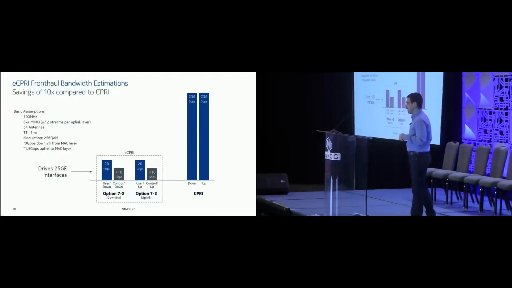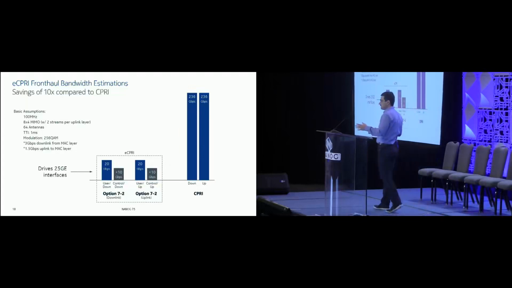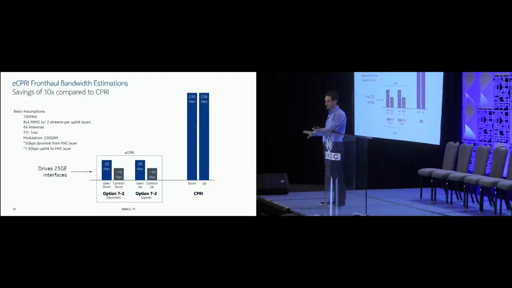Now, how is eCPRI better than CPRI? These are the scenario assumptions here: 100 megahertz and 8x4 MIMO and so on and so forth. I'm not going to go through all of the radio characteristics here.